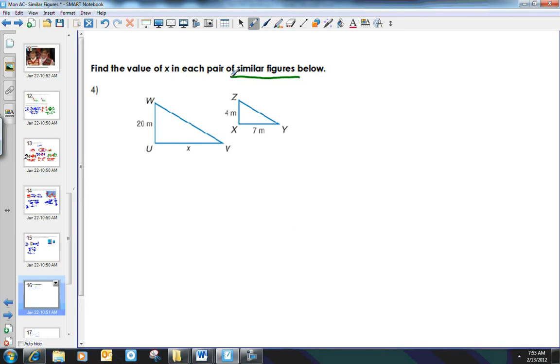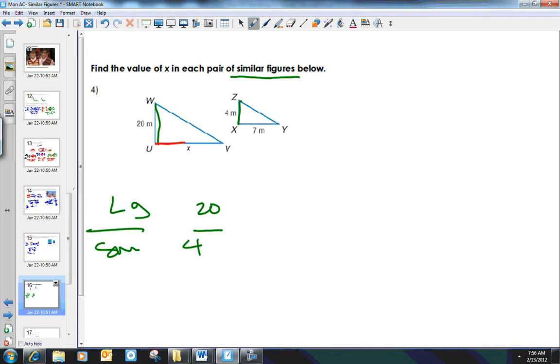Similar figures mean they must be proportional. Okay, if they are similar, then their sides are proportional. So we're going to do large over small again. All right. So in our large figure, WU is 20. And in our small figure, ZX, the same side is 4. Okay, the corresponding side.